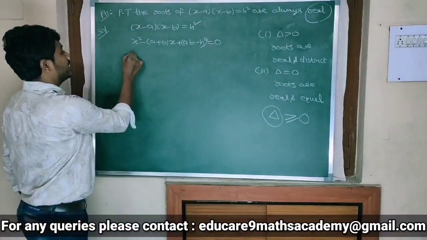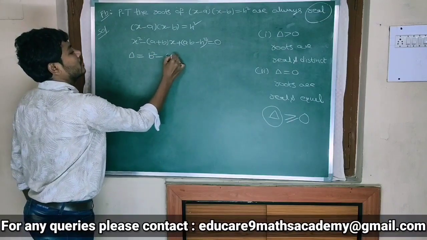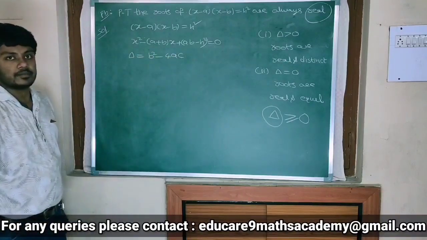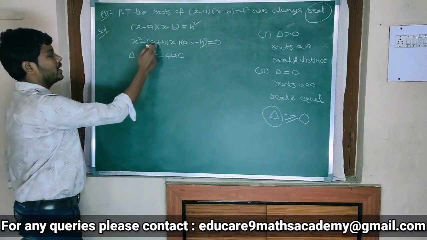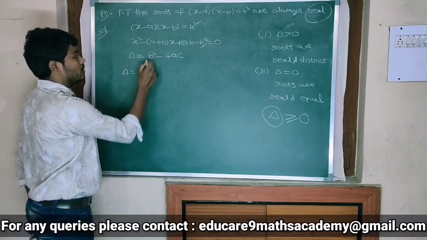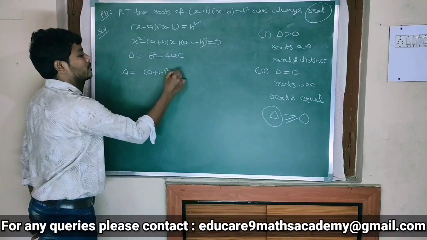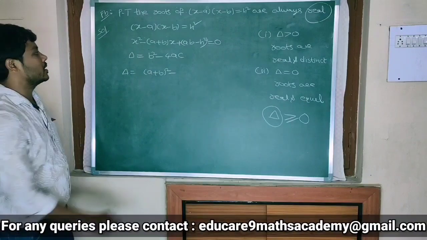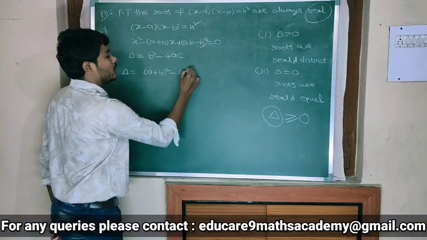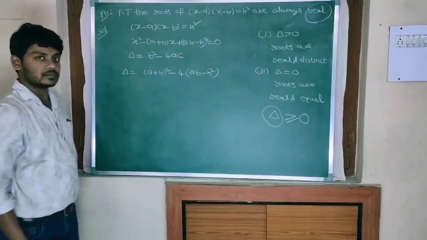So first find delta. Delta is b square minus 4ac. So what is b value here? Minus of (a plus b) whole square, that is (a plus b) whole square, minus 4ac. So that is minus 4 into (ab minus h square).